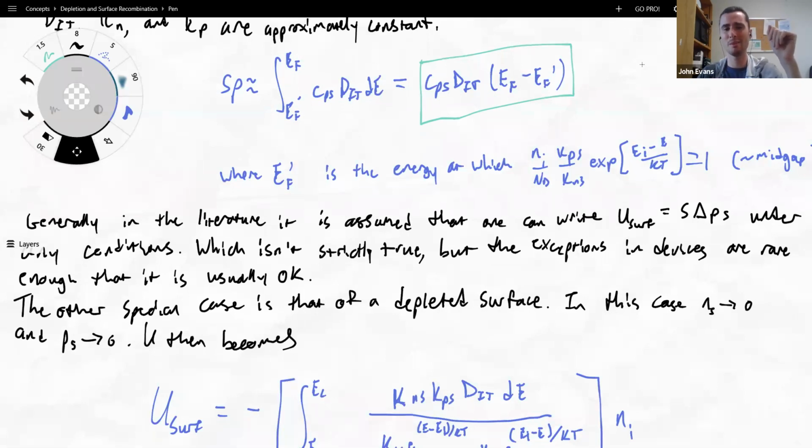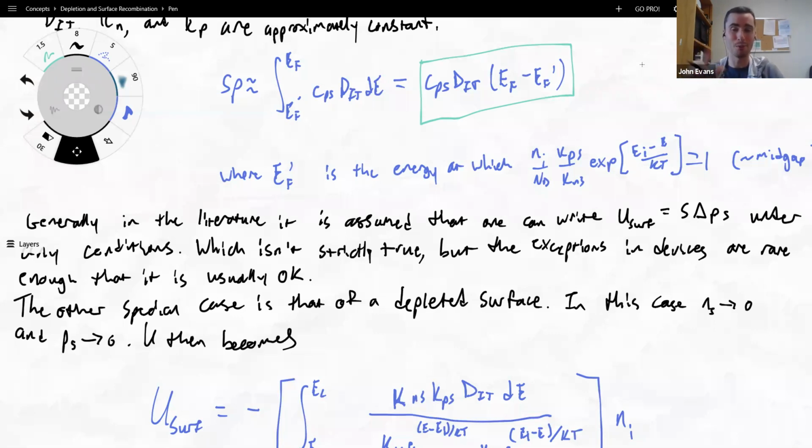But everyone's like, well, we could probably approximate it for everything as this. So a lot of times in literature, you just find that the recombination rate at the surface is just given by recombination velocity times change in the minority carriers at the surface.